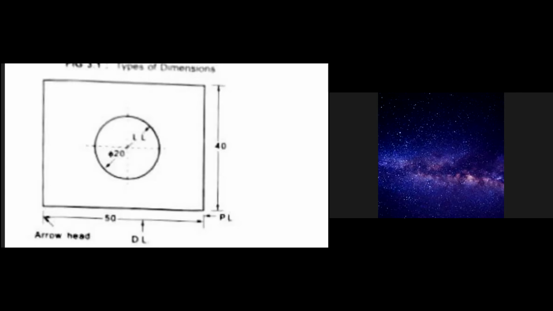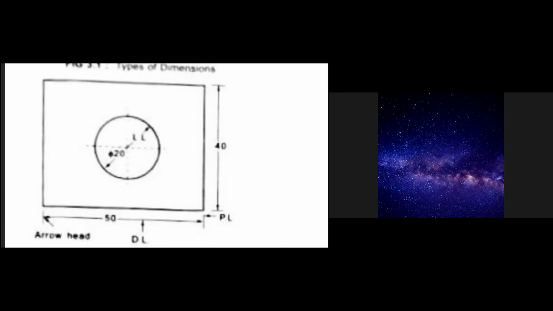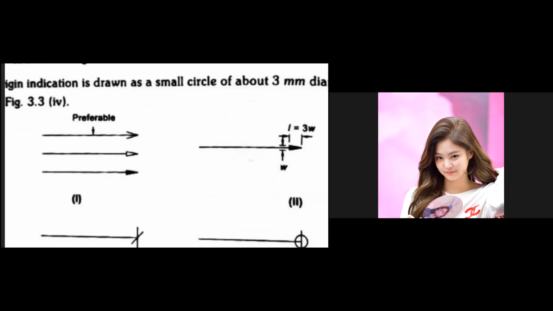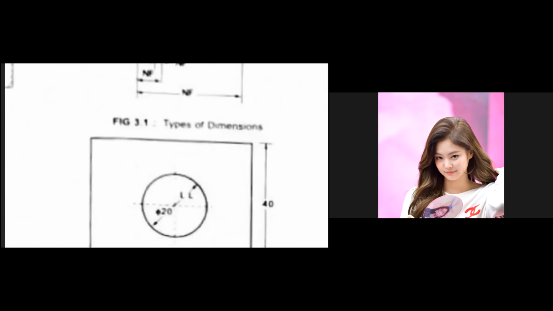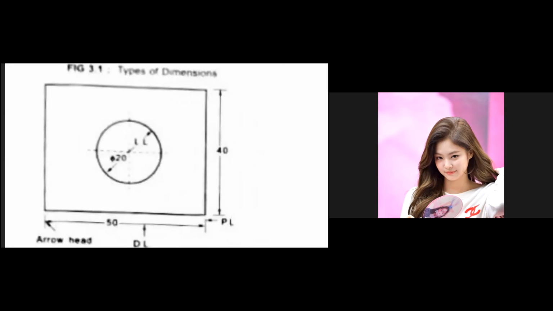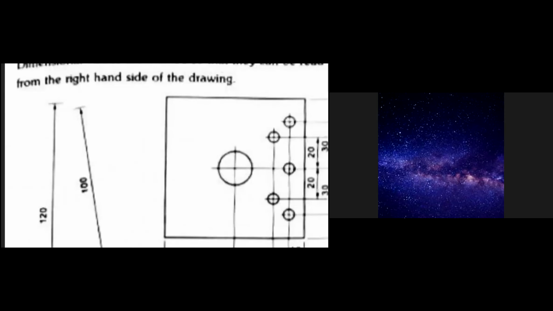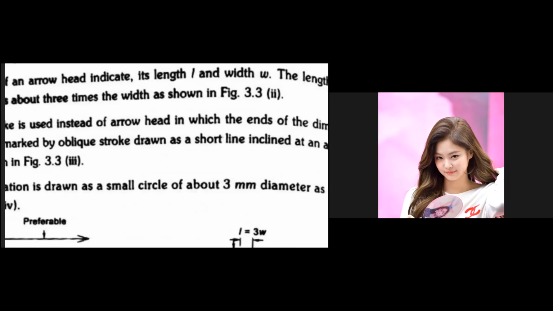For writing the dimensions of those small elements, we can write the dimension by an arrowhead, and you can term it a leader line. So that is the leader line.